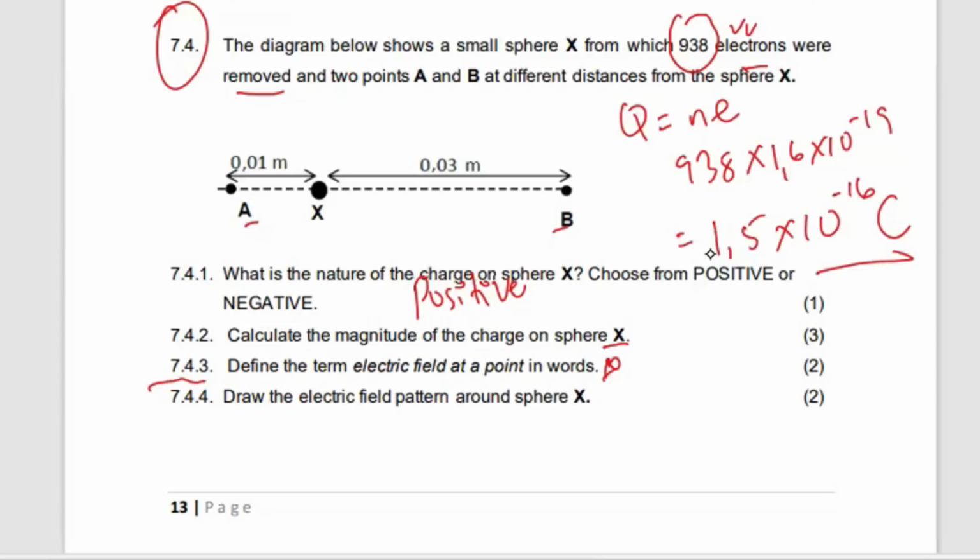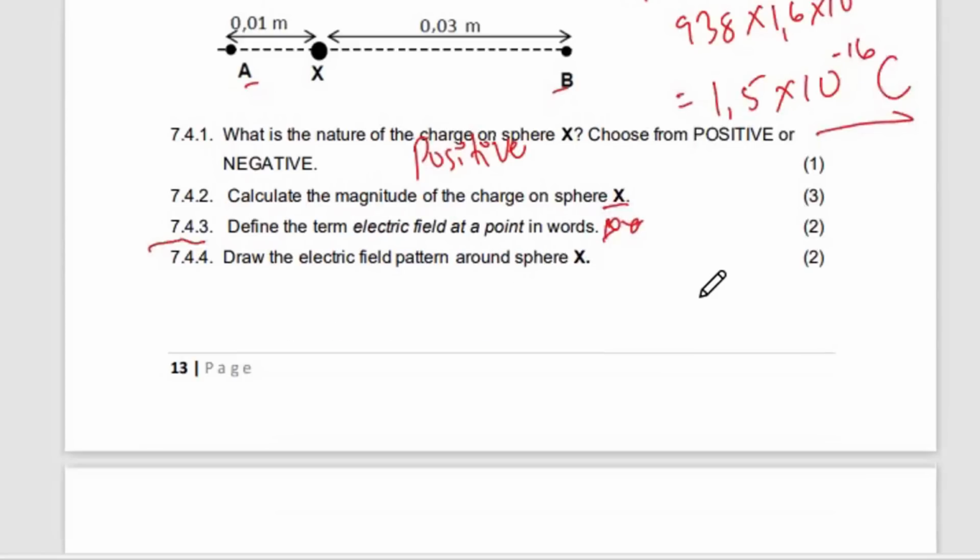In other words, it's the force per unit charge that a positive charge experiences when it is placed at that particular point. Then 7.4.4, they want us to draw the electric field pattern around sphere X.